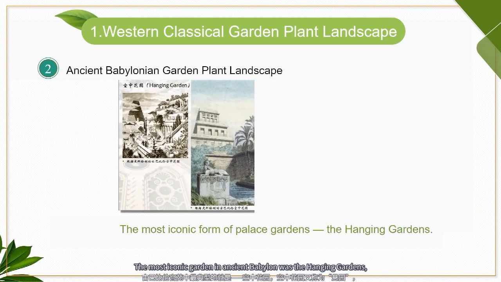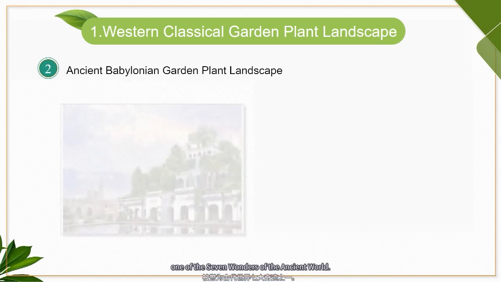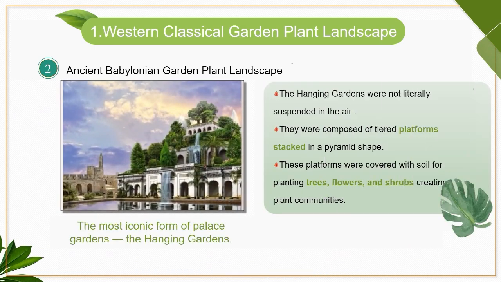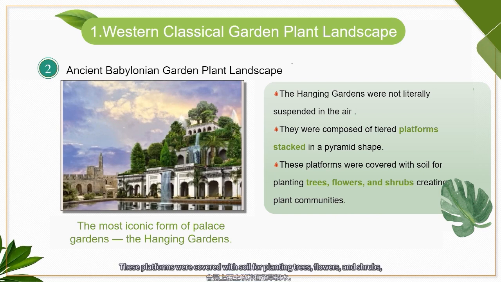The most iconic garden in ancient Babylon was the Hanging Gardens, one of the 7 wonders of the ancient world. The hanging gardens were not literally suspended in the air, but were composed of tiered platforms stacked in a pyramid shape. These platforms were covered with soil for planting trees, flowers, and shrubs, creating lush, layered plant communities.